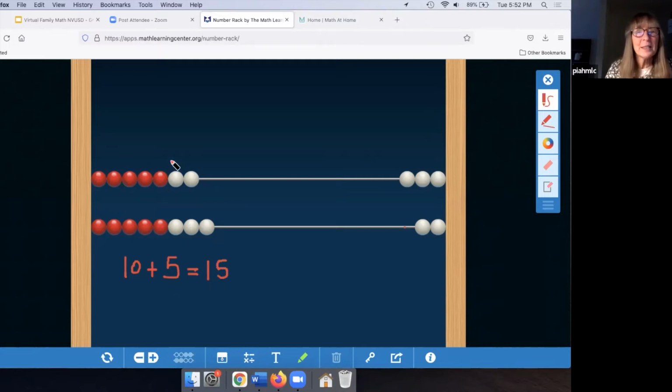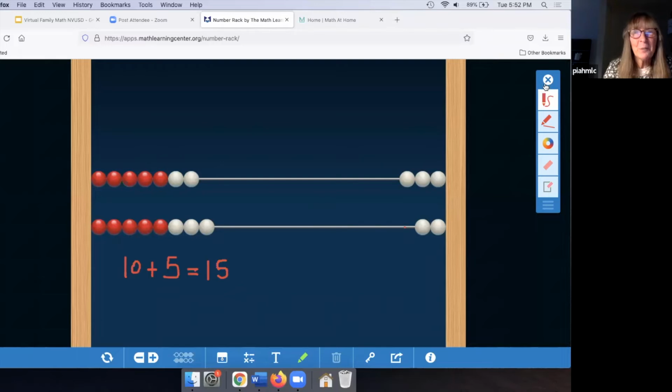And then we can see this relationship between the red and the white beads. So children are working on strategies instead of just memorizing and having to repeat that memorization the next year and the next year. They're creating a mental image of what 7 plus 8 looks like. And then they can retrieve it from their visual organization.